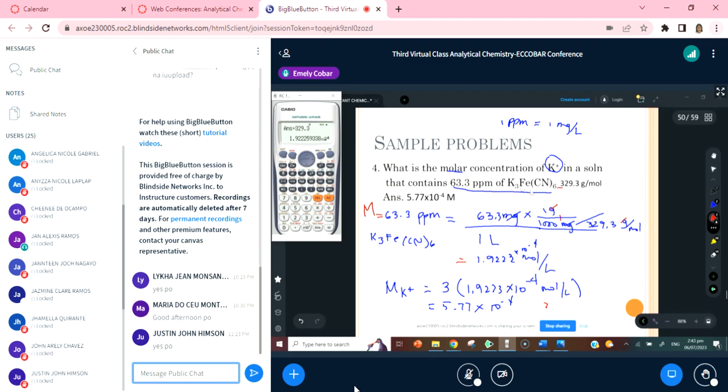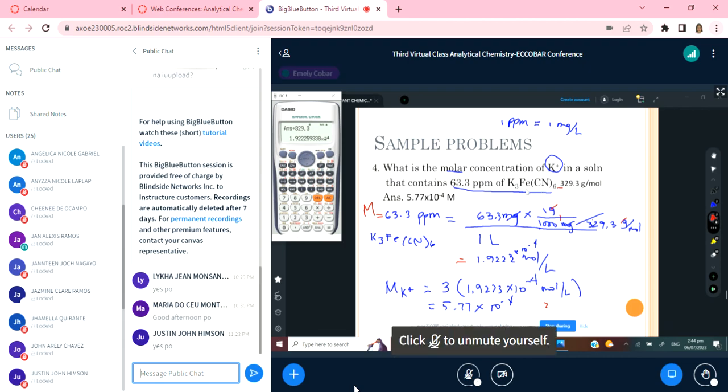Okay? Ganito yon class. From the formula, makikita ko na if I have 1 mole of potassium ferrocyanide, how many potassiums are there in the formula? Ito yung potassium. How many potassiums are there in the formula? Hindi ba 3? Okay? Hindi ba 3 class?